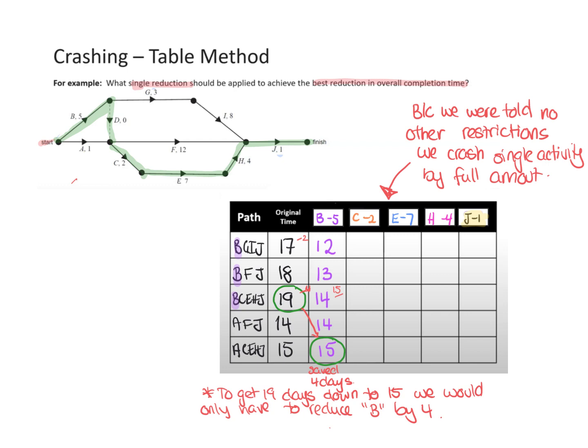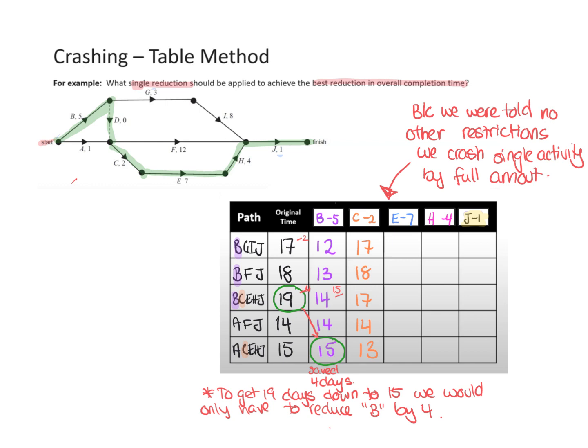So now I'm going to do if I crashed C. I look for C in my paths, and every time I see a C, I'll take away 2 from the original. This one didn't have any C, so it remains the same. This one had a C, so it goes to 17. This one didn't have a C, and this one becomes 13. So you can see the new critical path is 18.